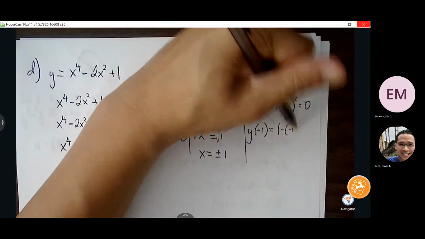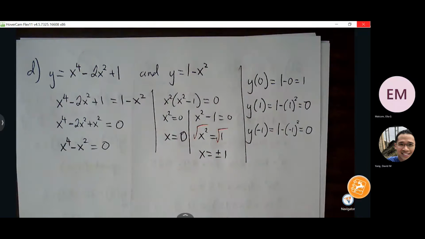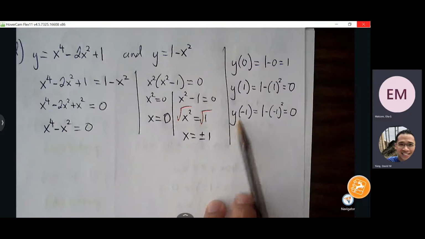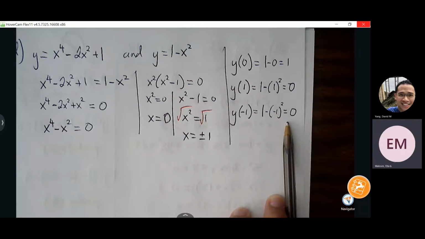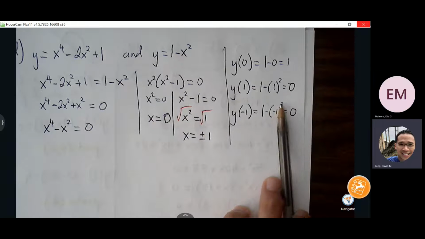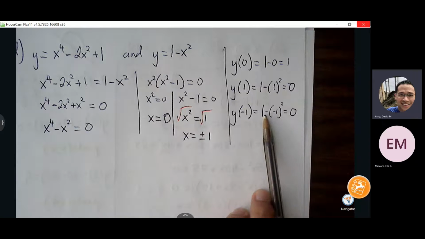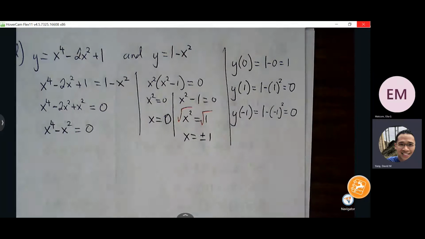So (0, 1), (negative 1, 2). So here's the thing. With negative 1, it's actually still going to end up 0. Do you know why? Oh, because of the square. I forgot about that. Yeah, the square is going to take effect before we look at that negative. Right. Good.